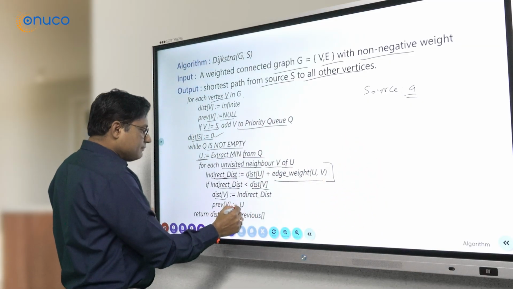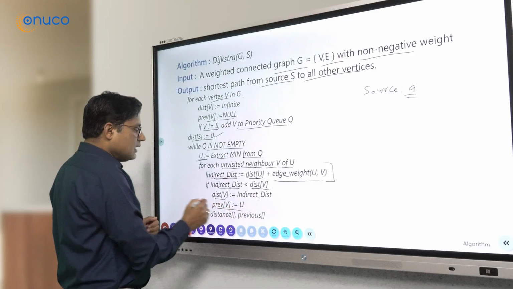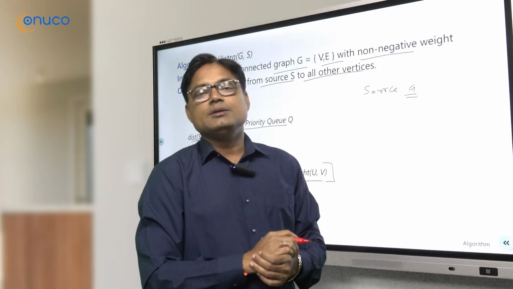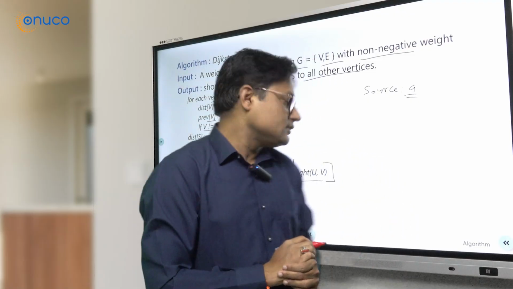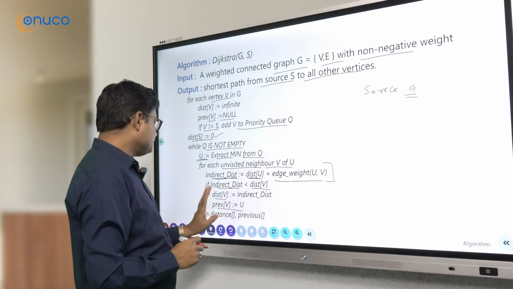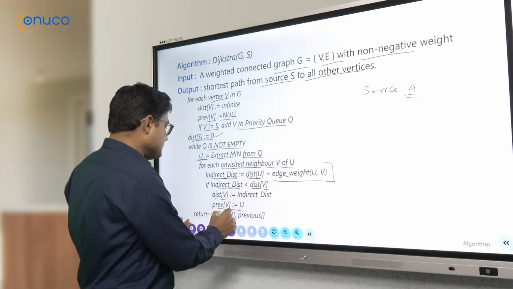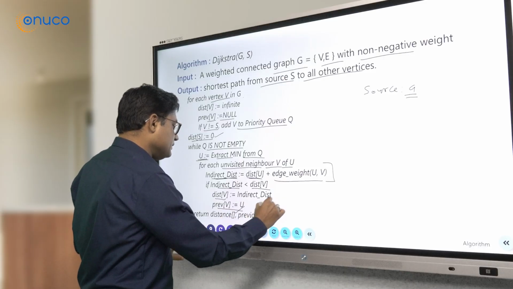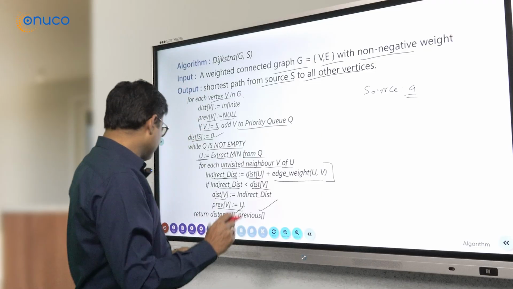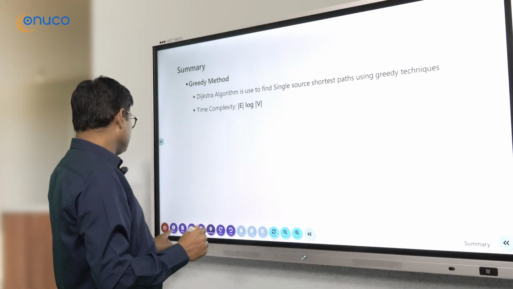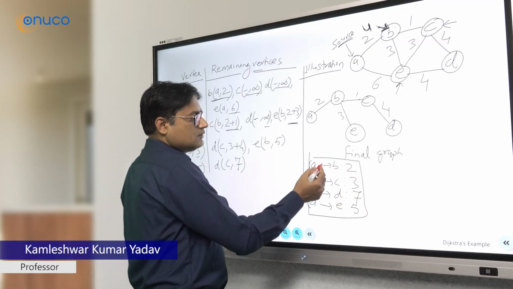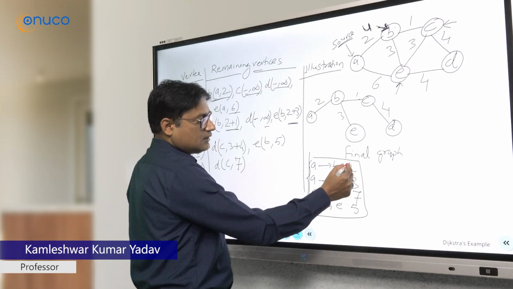And that particular vertex we put in the array called previous of V, since we write all the inputs in one array. So previous of V is equal to U, and return distance and previous. Basically it will give you the final graph we made in the previous example. So this is the final source to all vertices and distances.